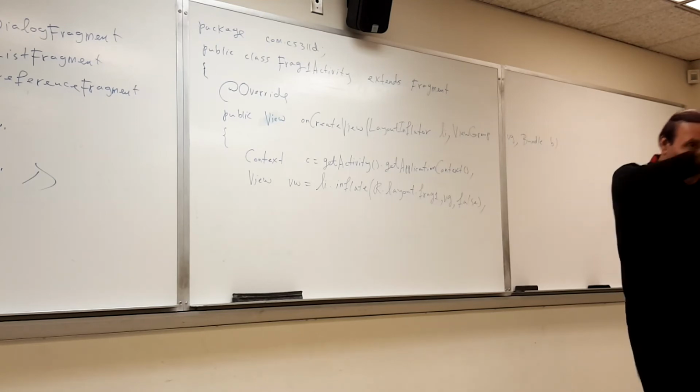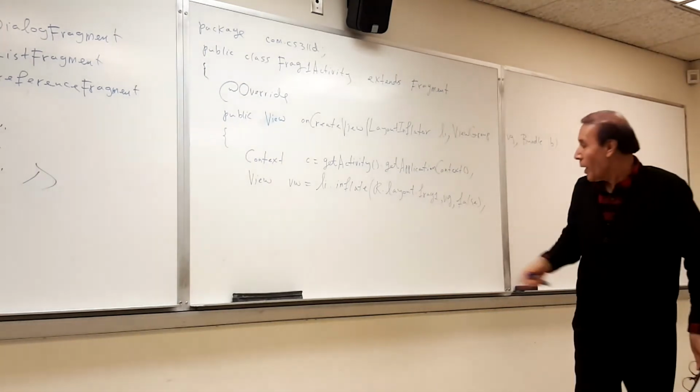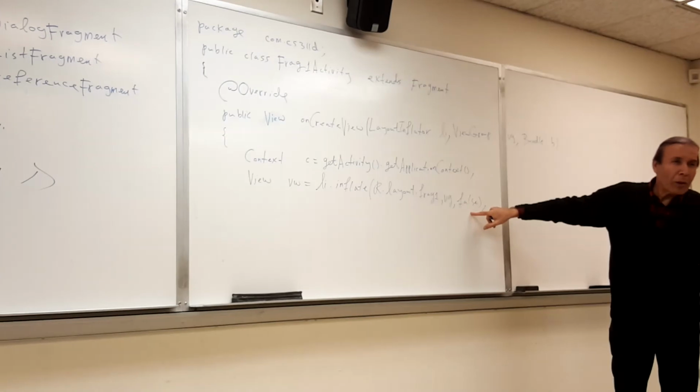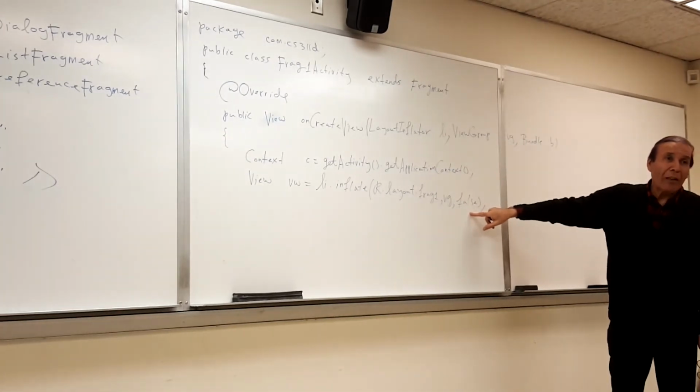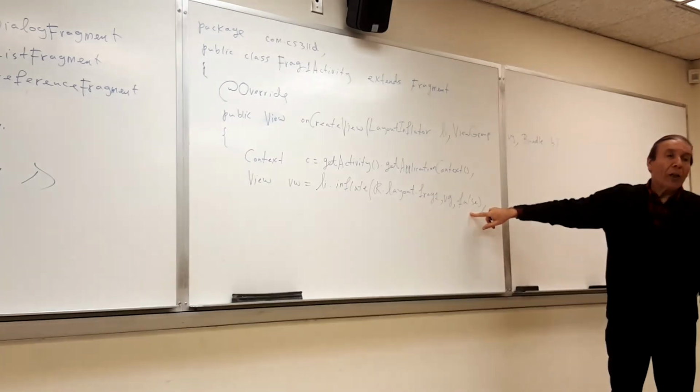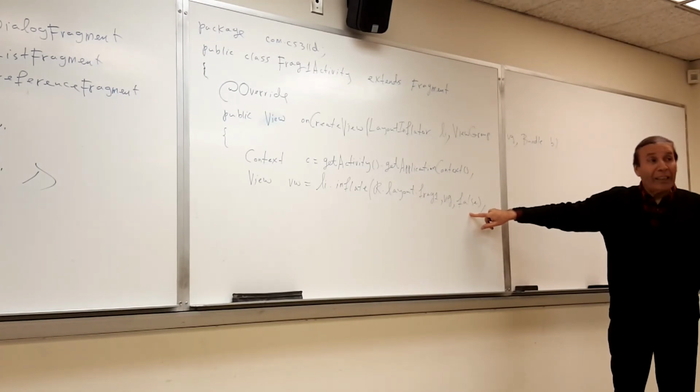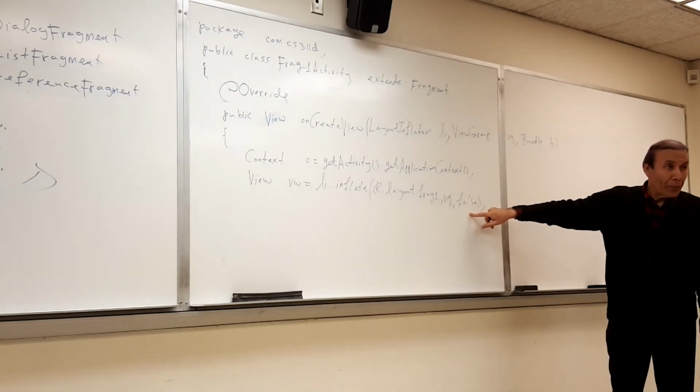Parent is what? The parent view, okay? So, in most of our examples here, we are using false. It means the fragment that we want to create should not have any attachment to the parent view, okay?